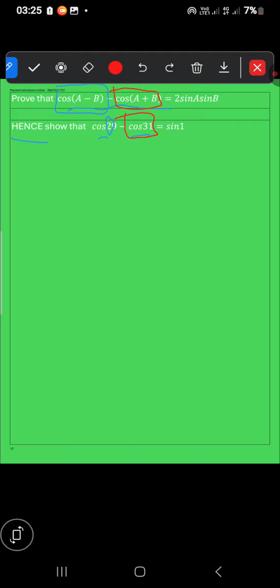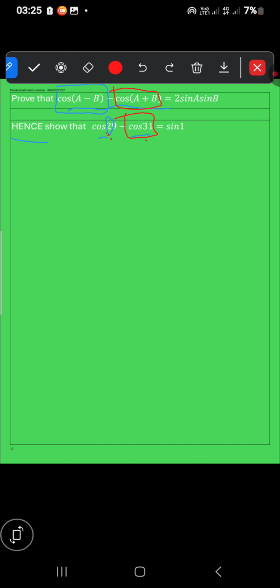So those angles, when you subtract them, should give you 29, and the very same angles must give you 31, and one of them must be a special angle.